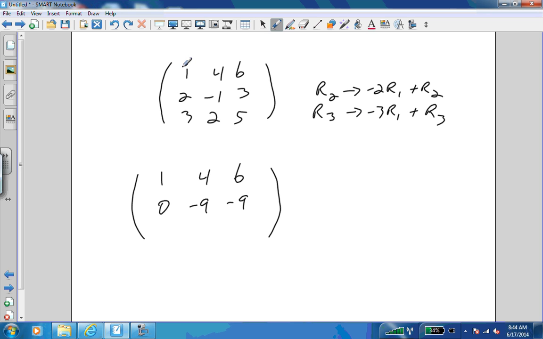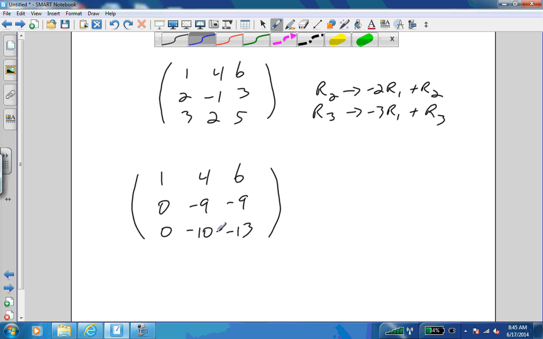We do -3 times the first row plus the third row, we get -3 plus 3 is 0, -12 plus 2 is -10, -18 plus 5 is -13. Now, for convenience, we could convert that to a 1 there. It's not completely necessary. So let's just leave it like it is, and let's convert this to a 0.